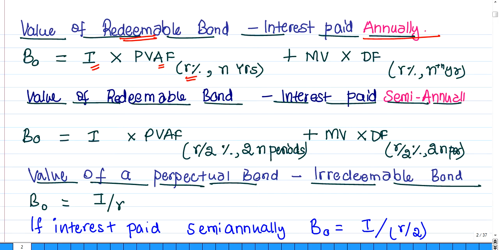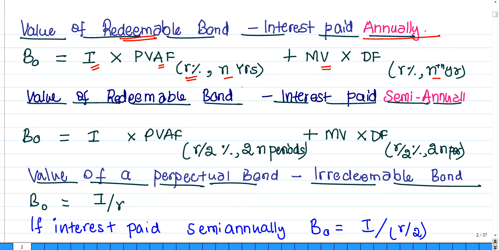This is the required rate of return of the investor, and n is the number of years, plus the maturity value, the redemption value, into the discounting factor of the nth period. If it is 5 years, then it will be the 5th year, at 10%, 9%, or whatever the required rate of the investor is.